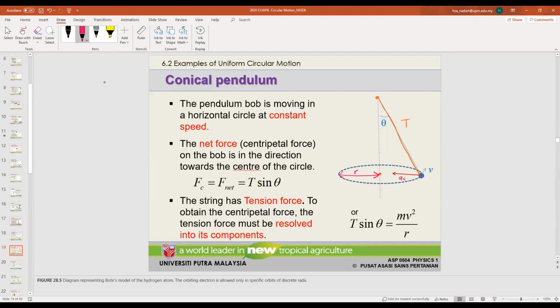And your T is this direction. T is pointing towards the center of the string. T is this way. If you have an object here, your T is this way, but your object is down here. So your T is going upwards for this one. Okay, so that is your T. And this is your AC.